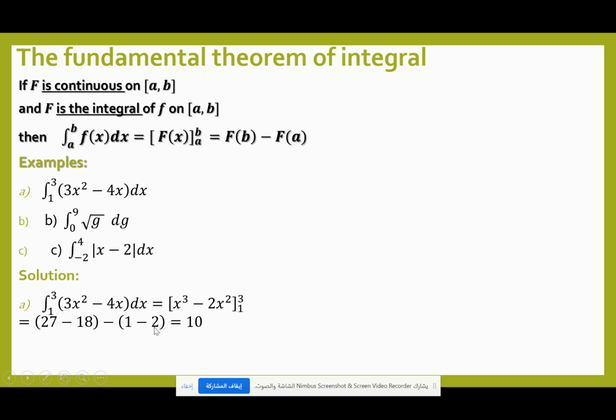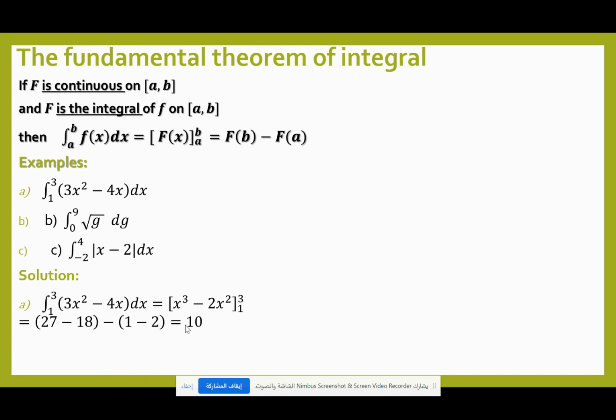Now subtract these together inside, and subtract these together inside, and there is a minus from the theorem. Watch it. These together will give me 9, minus negative 1 will be plus 1. So 9 plus 1 is 10. This is the value of this integration.